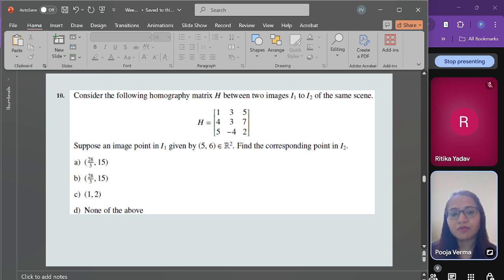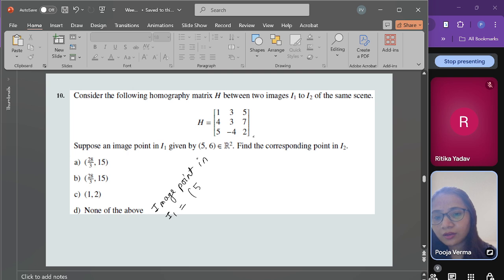The homography matrix is given, and the image point in I1, 5, 6 in real space, is given.